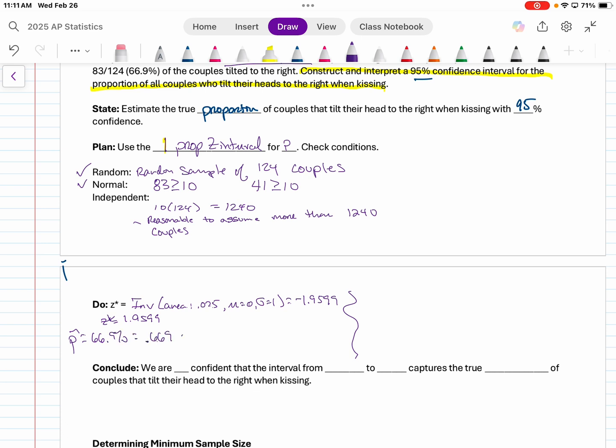So if I was doing it by hand, I could actually go through and say 0.669 plus or minus 1.9599 times the square root of 0.669 times 0.331 over 124. So I could do that. Since they did convert the fraction for me, you can do the same thing if you convert it. But they didn't give me that percentage, so I could technically use that percentage and not use the extra decimals that are associated if I wanted to.